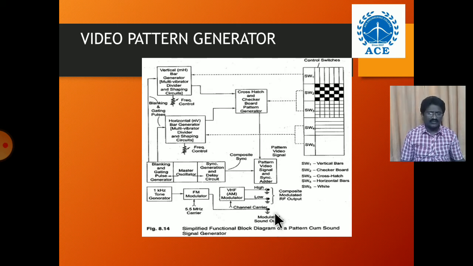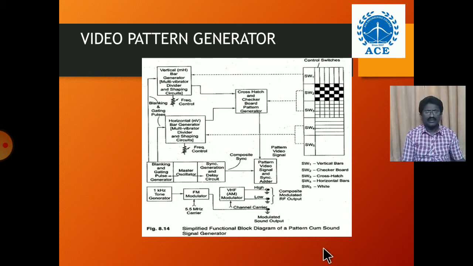So you can observe the audio sections also.